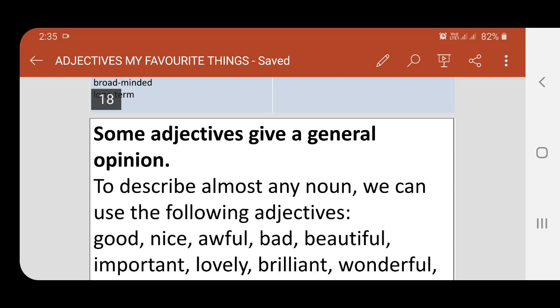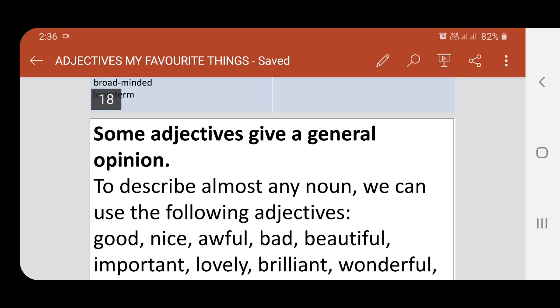So this is your adjectives of quantity. And coming to the fifth one, we have a few more points to be discussed in the adjectives which are giving a specific opinion and general opinion.